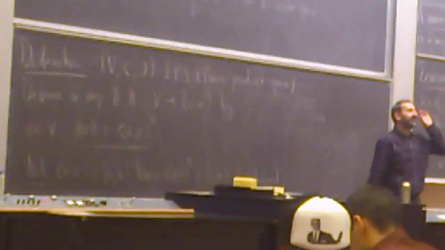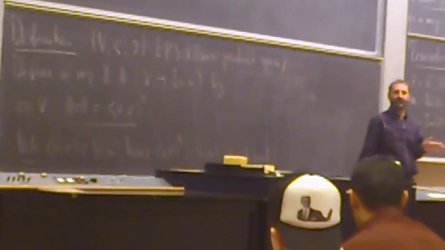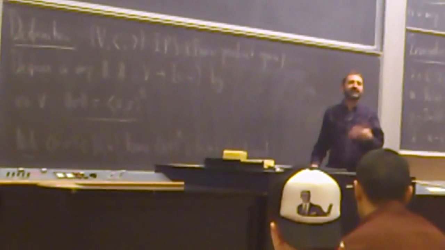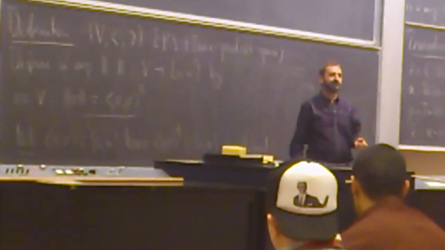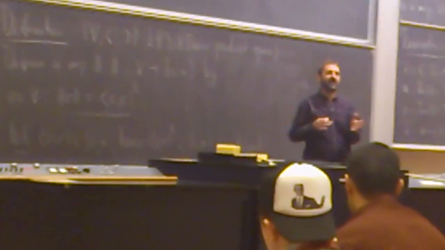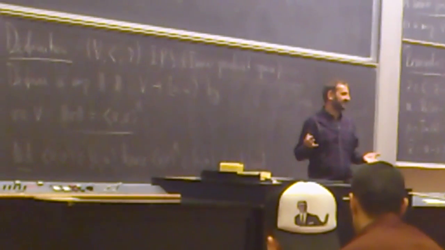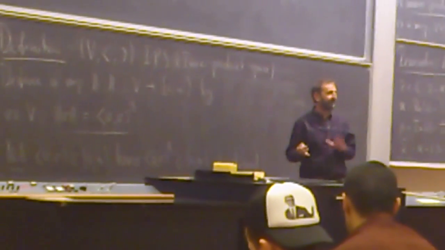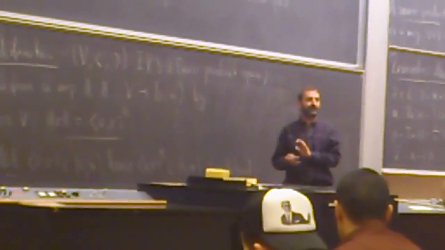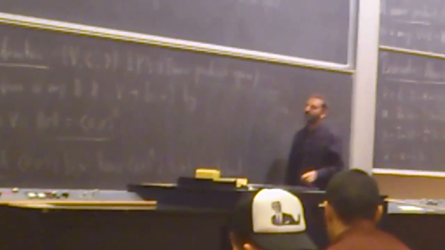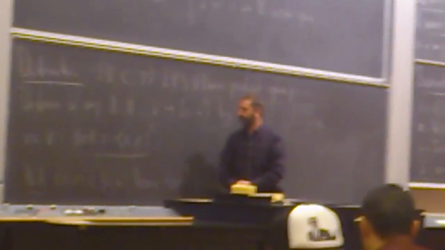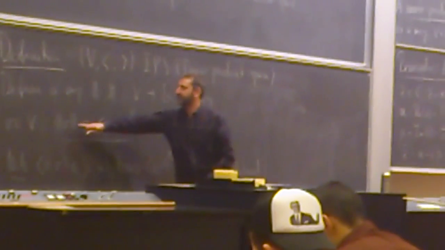You can take a square root of a positive number. If you try to take the square root of a non-positive number, you get into problems. It can somehow be done, but you have a choice between two options, so it is not uniquely defined. But for positive numbers, it is uniquely defined as a positive number. So we can take the square root of this positive number, and this we define to be the norm of v.